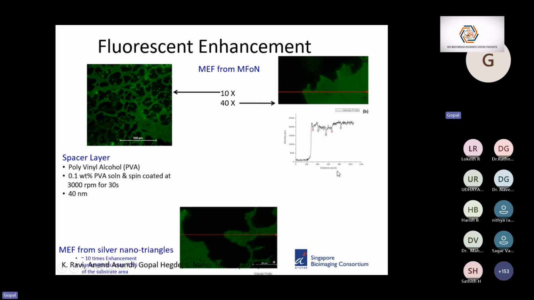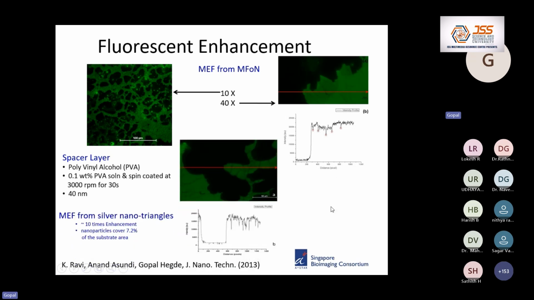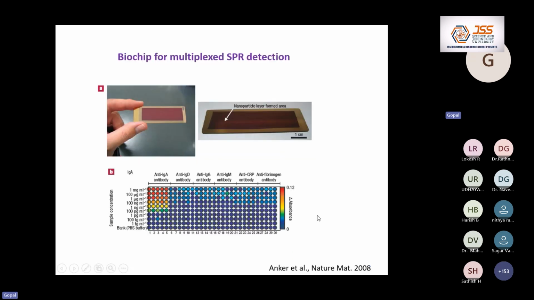You can see here. We put the sample without nano triangles. Normally, you put the sample on the substrate and measure the fluorescence, and then you put the sample on a nano triangle structured substrate, a substrate which has nanostructures fabricated on it. Then we have seen an enhancement in fluorescence of that material.